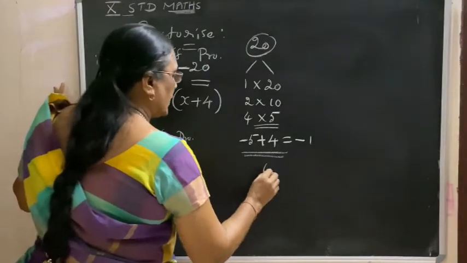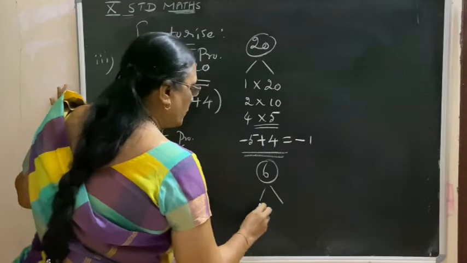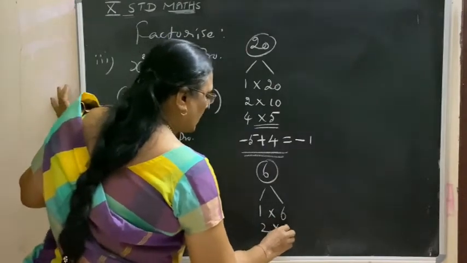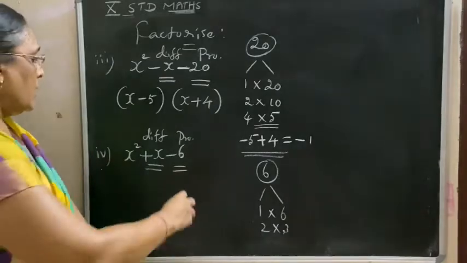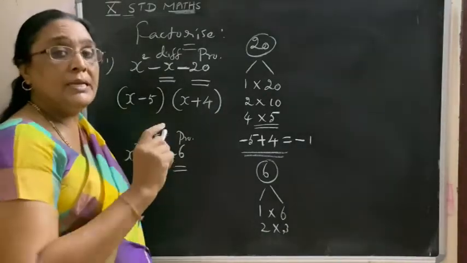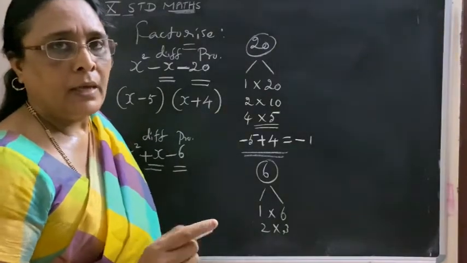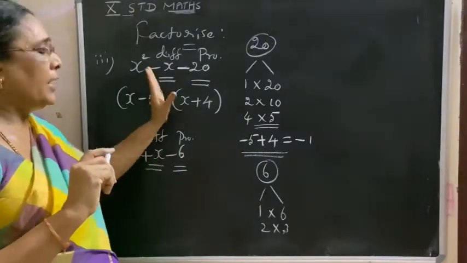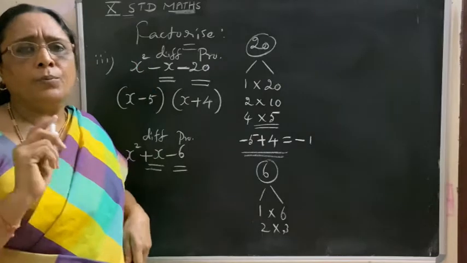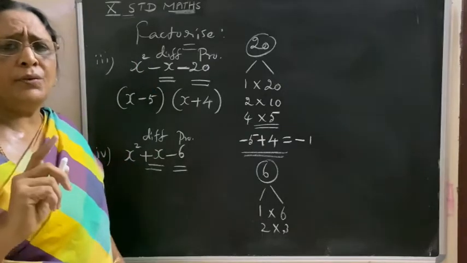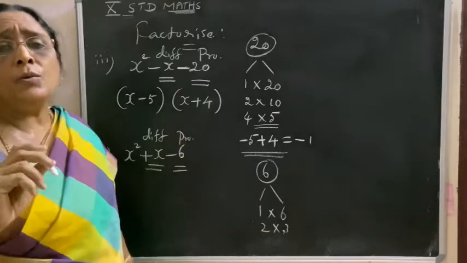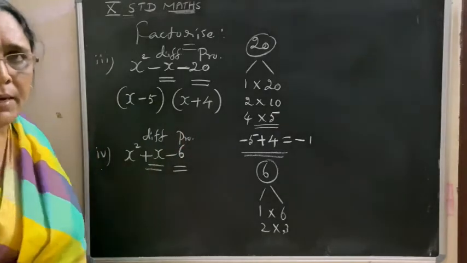Now take 6 here, the product. I am going to write the multiples for 6. 1 6s are 6, 2 3s are 6. Now see, I have to get the difference as plus 1. I already told you, if you want a difference in plus or minus, you have to put the sign. Whatever sign is given in the center term, you have to put the sign for the greater number, right?